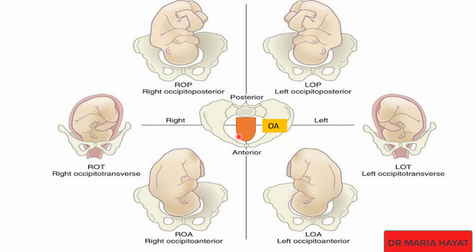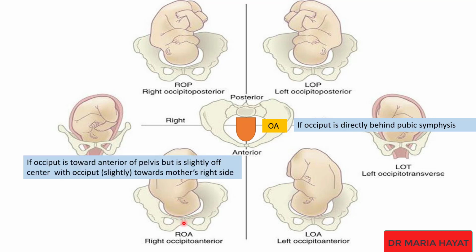If the occiput is present directly behind the pubic symphysis, we say that it is direct occiput anterior. If the occiput is towards the anterior side of the pelvis but slightly away from the center, in such a way that the occiput is slightly towards the maternal right side, we call it right occipito-anterior.